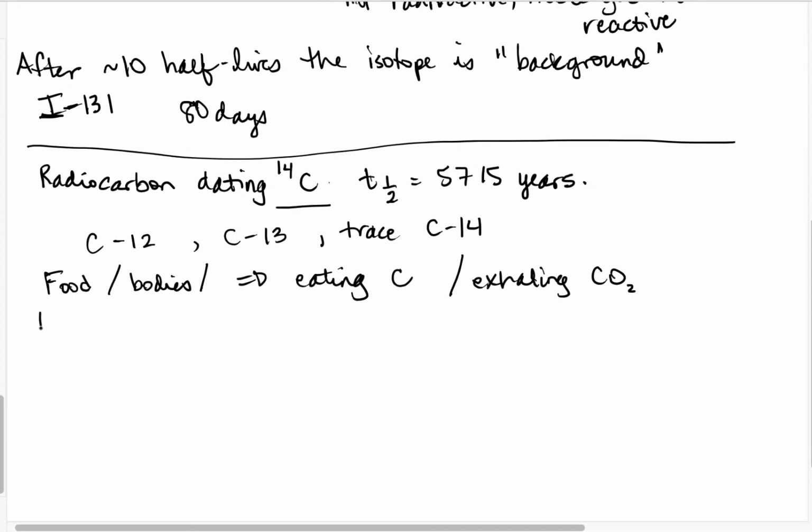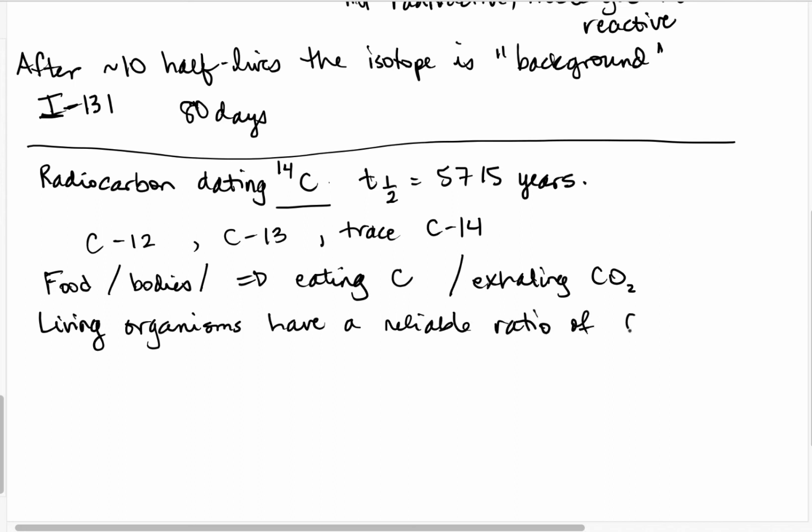So as a result, living organisms, because they're constantly taking in some trace carbon-14, all have about the same amount of carbon-14. So they have a reliable ratio of carbon-14 to carbon-13, or you can compare it to carbon-12, inside their bodies. But as soon as that organism dies, it stops taking in new carbon.